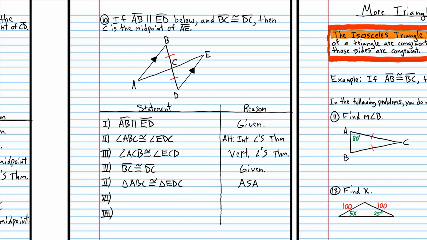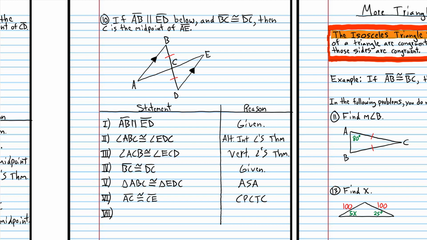And we're trying to show that C is the midpoint of AE. In order to show that C is the midpoint of AE, we have to show that AC is congruent to CE. But we know that those are congruent because those are corresponding parts of congruent triangles. We've already shown that the triangles are congruent. So now we can just say that side AC is congruent to side CE by CPCTC.